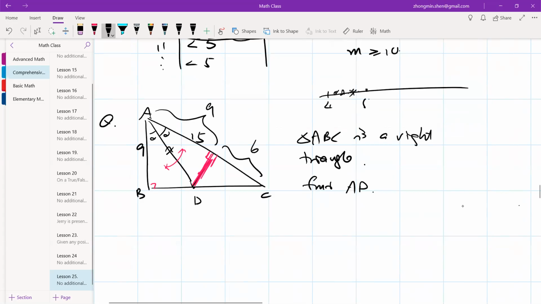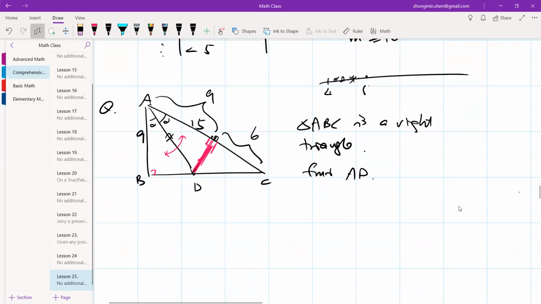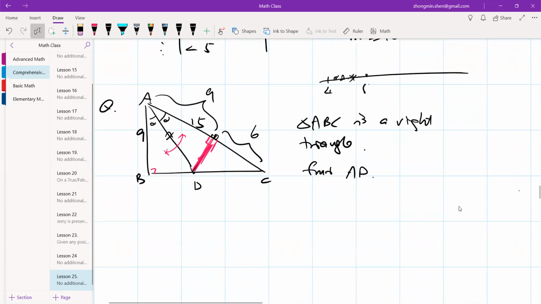So immediately you can determine where this point is located. But I still don't know x, right? But I know BC is in this right triangle.